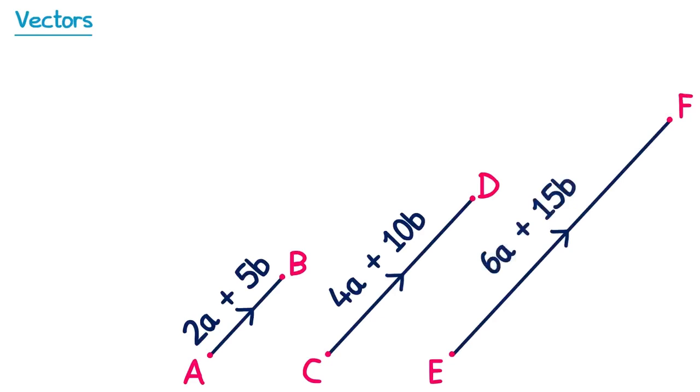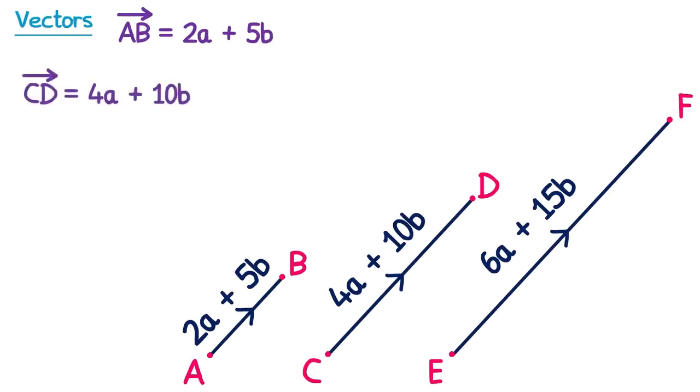So we could write down the vector from A to B is 2a plus 5b, and the vector from C to D is 4a plus 10b. But we could factorize this one here. There's a common factor of 2. So if you factorize out a 2, we could write it as 2 lots of 2a plus 5b.